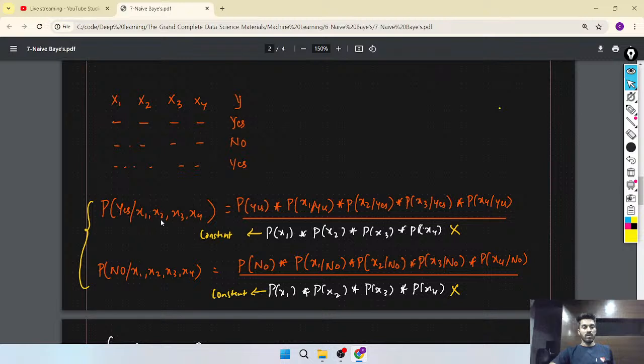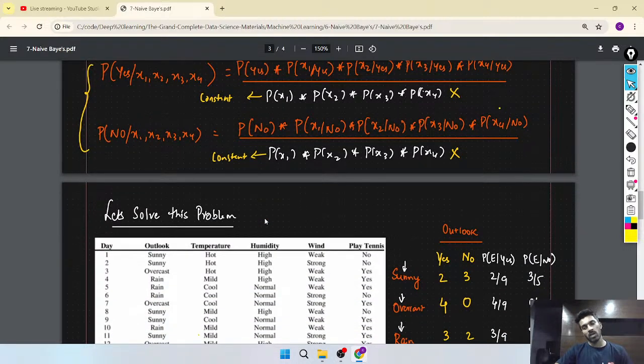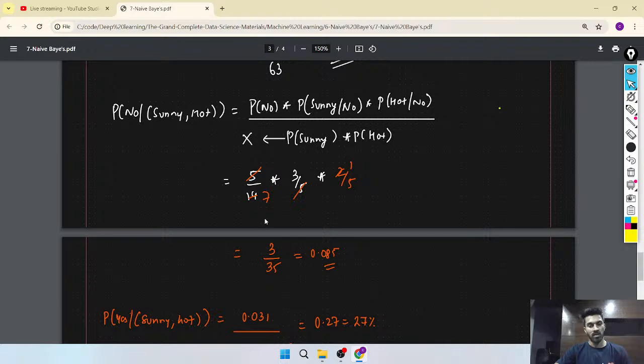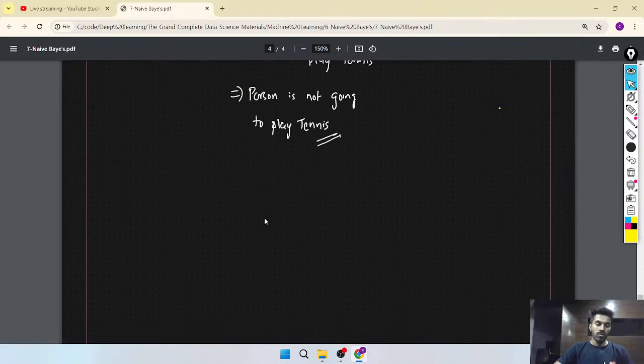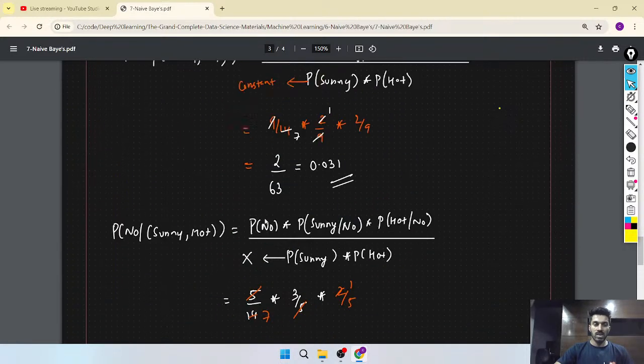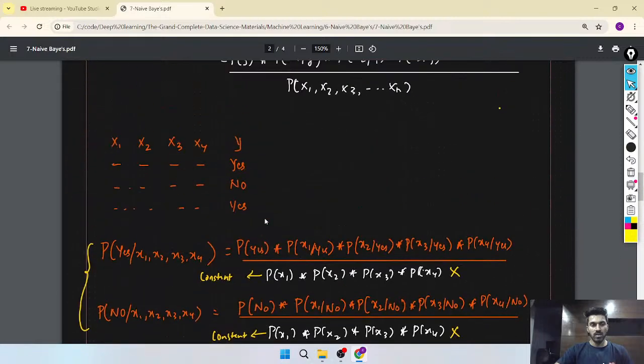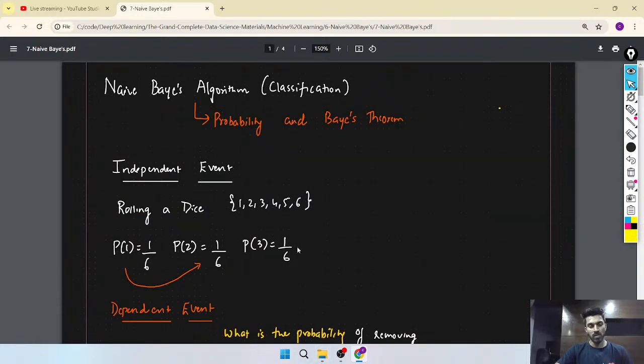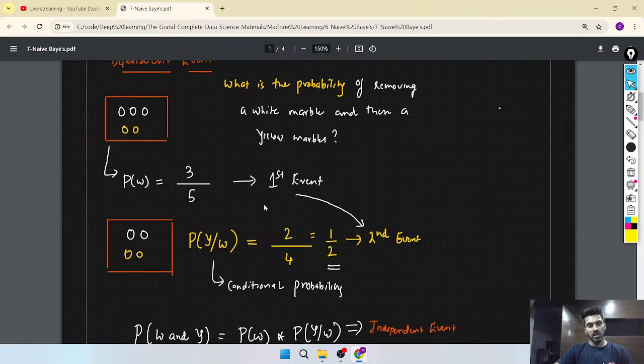You compute the probability of yes given all the features, and the probability of no given these features, as probability of yes times probability of x1 given yes, x2 given yes, and so on. You calculate this and you will get the answer. So that's it for this lecture on Naive Bayes. I think I have explained it in a good way. Naive Bayes is very easy.